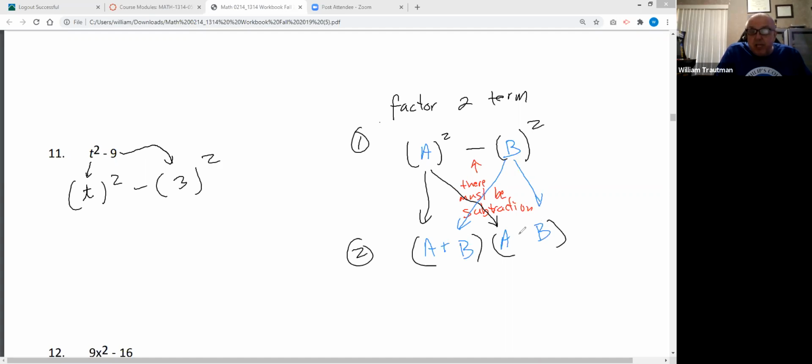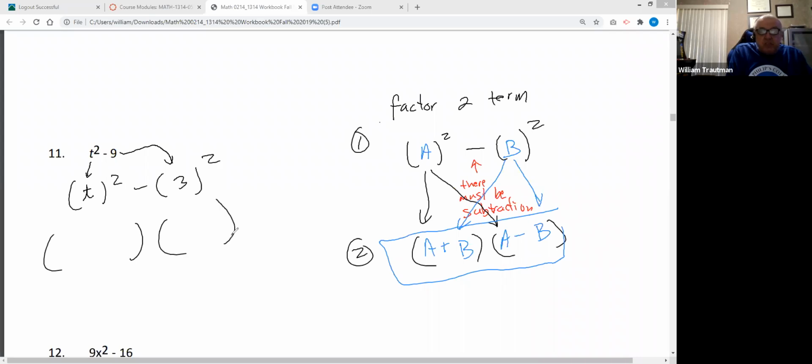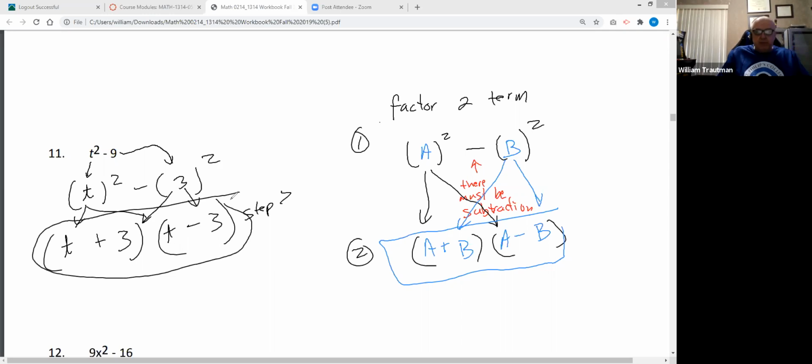One has to be a plus and one has to be a minus. That's it. In other words, I'm going to write down 2 parentheses for step 2. A T goes into the first spots of each. A 3 goes into the second spot for each. 1 plus, 1 minus, we are done. That's factoring 2 terms.